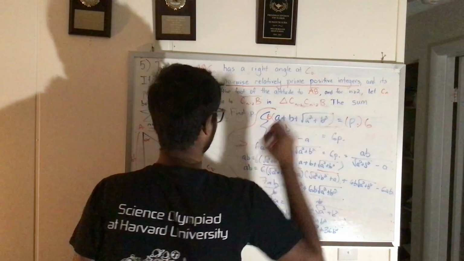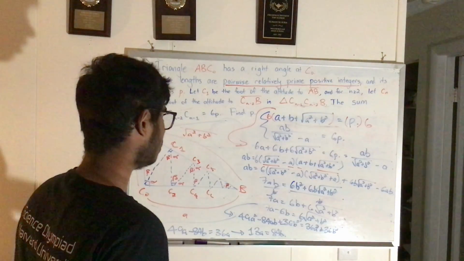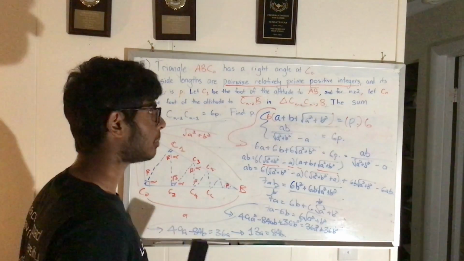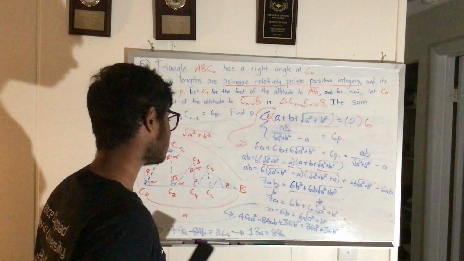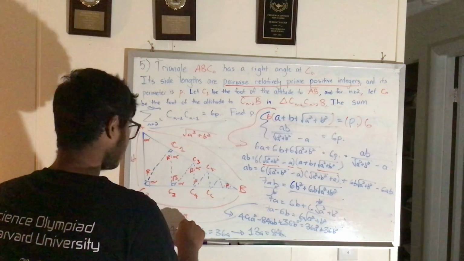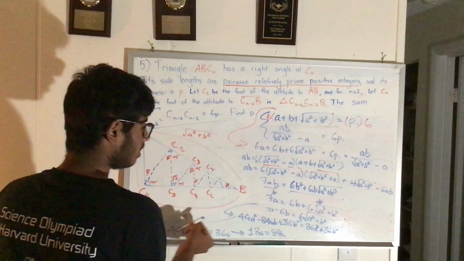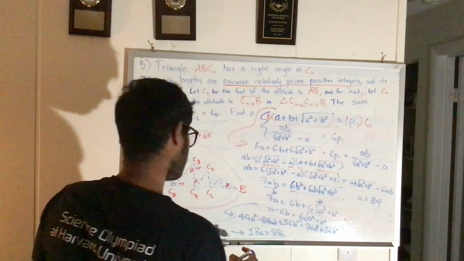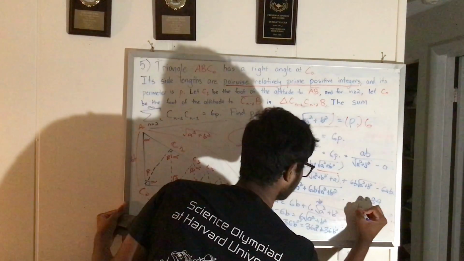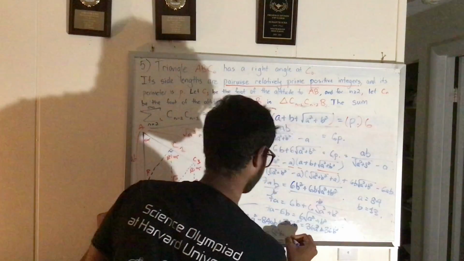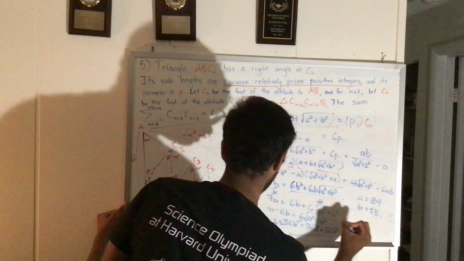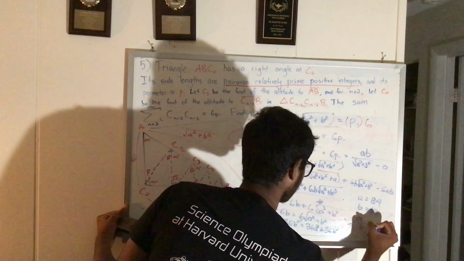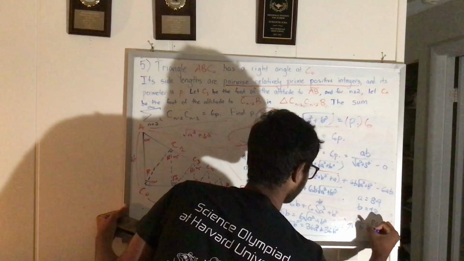When you're given the ratio between them, you can just know that the values of a and b will be the smallest positive integers that satisfy this. So here you have a equals 84 and b equals 13. Because from this, they tell you that basically a over b equals 84 over 13.